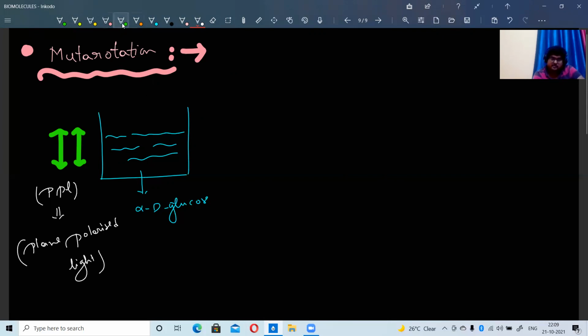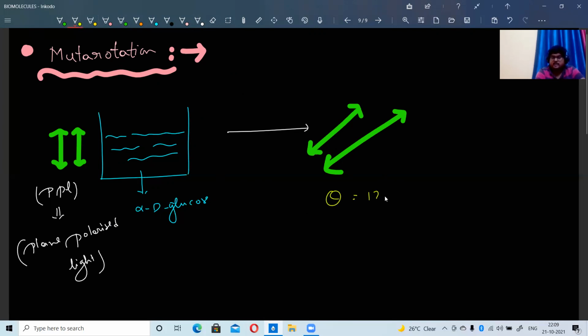After passing plane polarized light, this light is deflected this way. Now, what will be the angle in this case? When you use the polarimeter, theta is near or equal to 112 degrees, some value like that is present. I am just taking a rounded value. So this value is an experimental value.